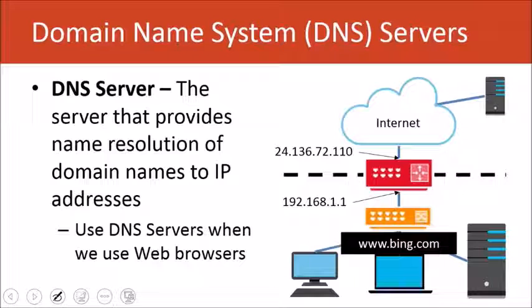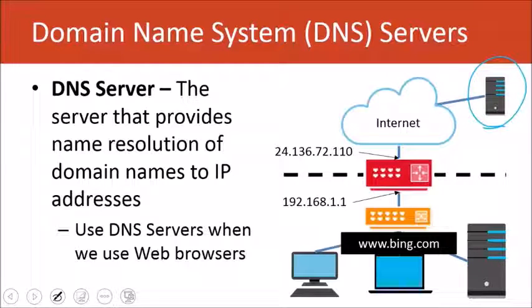Let's talk about the domain name system. Let's say we want to go to Bing. So I'm on the laptop and I want to go to www.bing.com. Well, that server located over here on the top right has all of the good Bing HTML files and all the other code that we need in order to create the Bing.com web page on our screen.